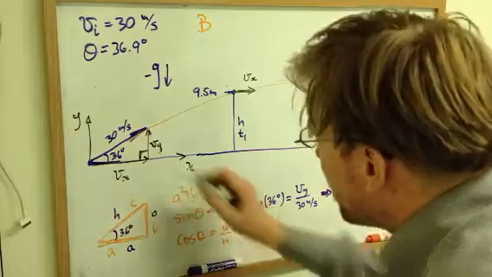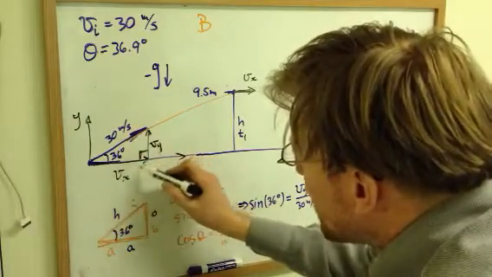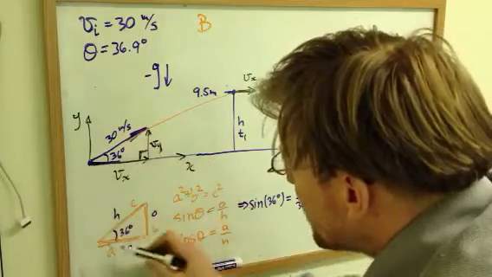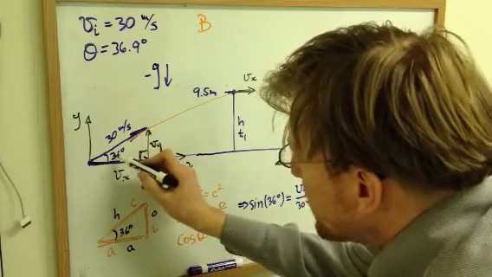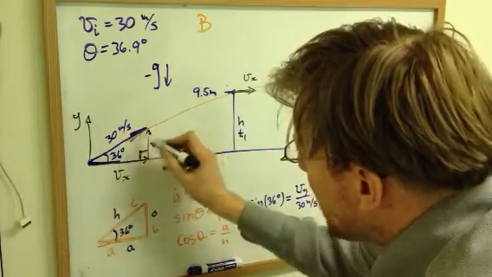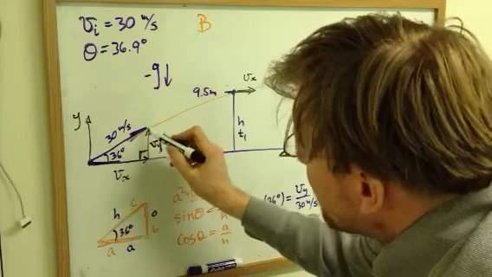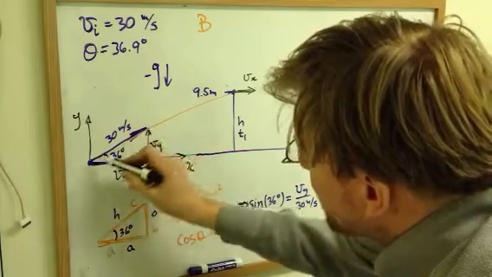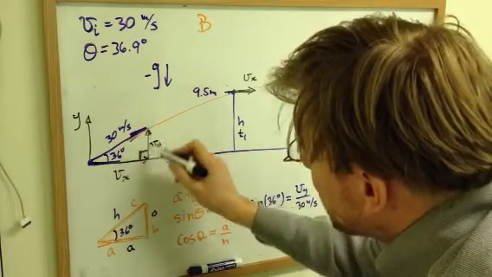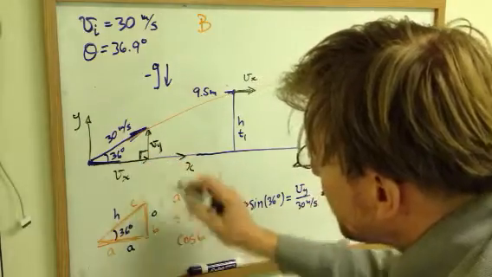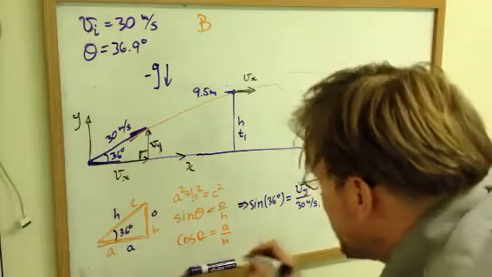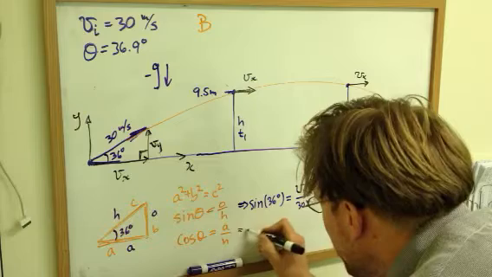Similarly to the vertical velocity, the horizontal velocity represents the adjacent side given this angle. The hypotenuse is 30 meters per second, the ball's original velocity, and that can be broken up into a vertical and horizontal direction. The horizontal is the adjacent side, so I'm going to use cos.